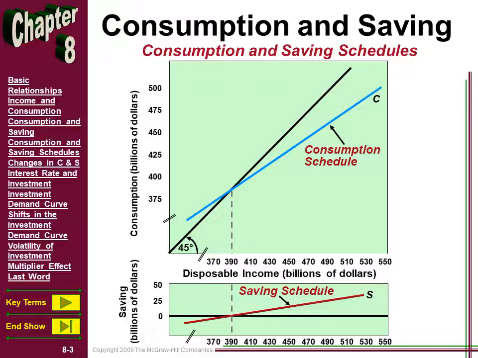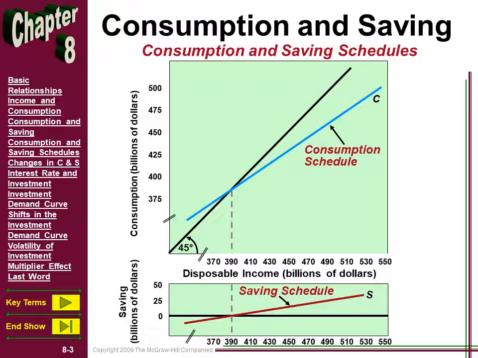Therefore, if income were to increase, the consumption schedule would shift upwards on this 45-degree line, and economic output would increase. And if income decreased, the consumption schedule would shift downwards or to the left, and the amount of economic activity would decrease.